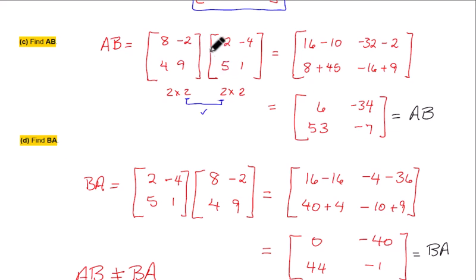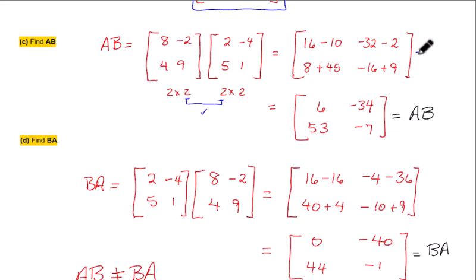So I get a minus 10, so 16 minus 10, which is 6. Now to get this position, I'm going to take the first row times the second column. And so I get 8 times minus 4, so a minus 32. A minus 2 times 1, so a minus 2, and so on.